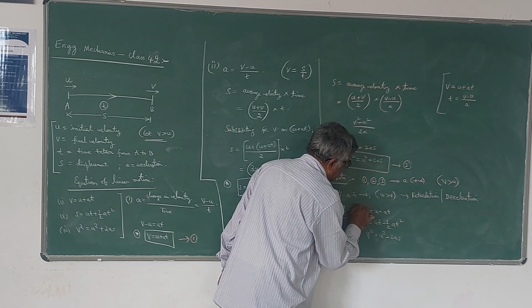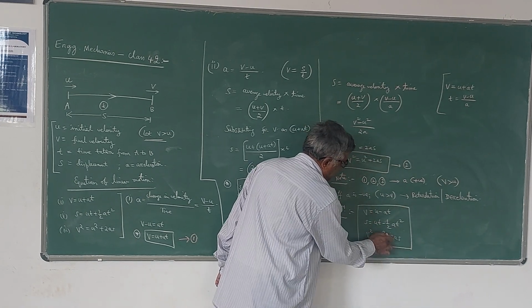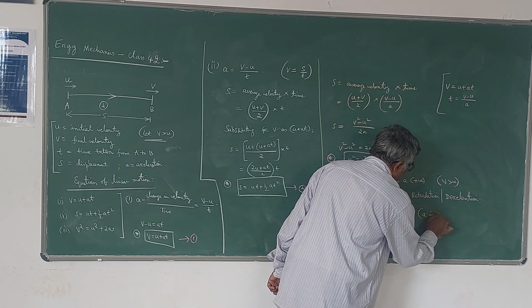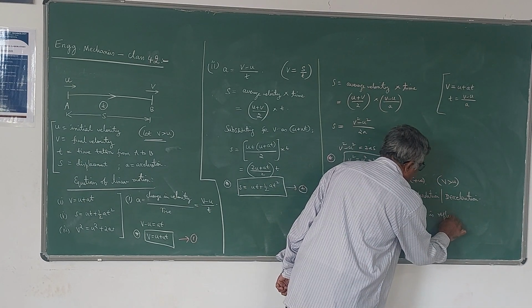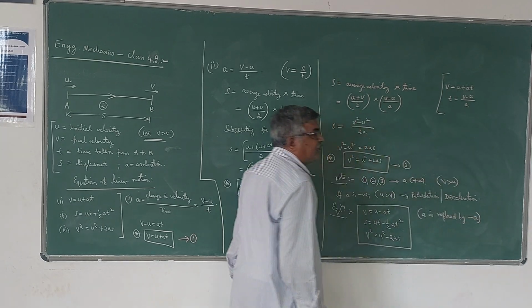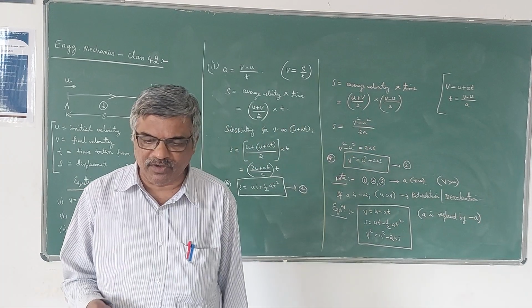So this is what we have to use in the case of retardation. So a is replaced by minus a in the above equations. Then we get the equations for retardation.